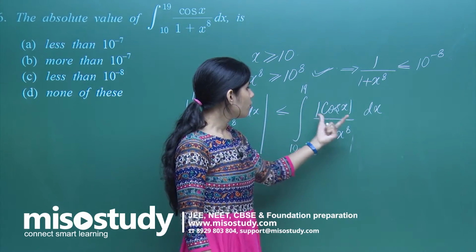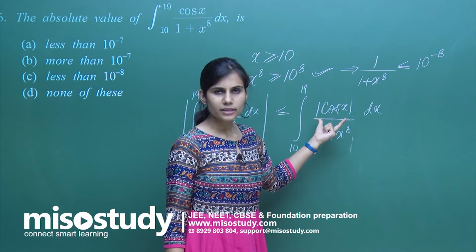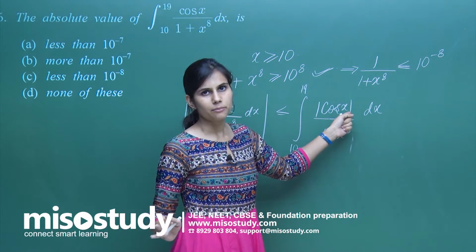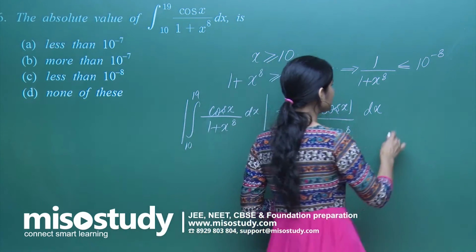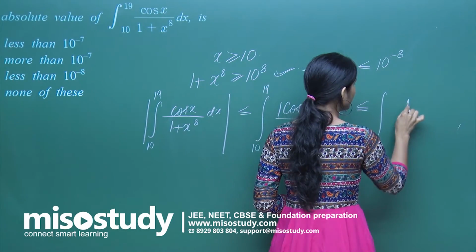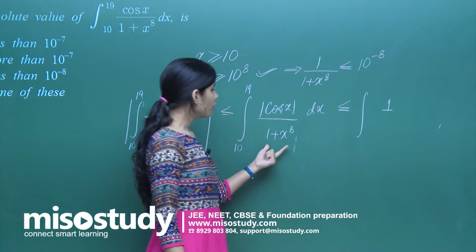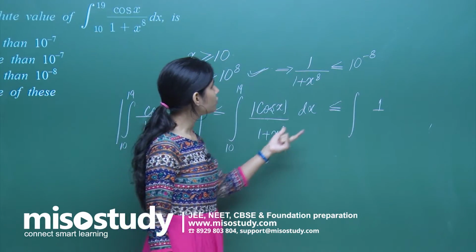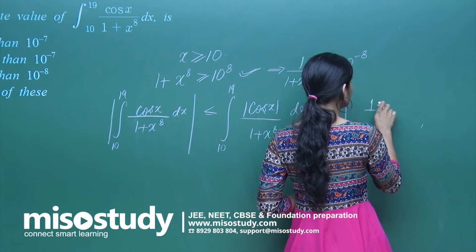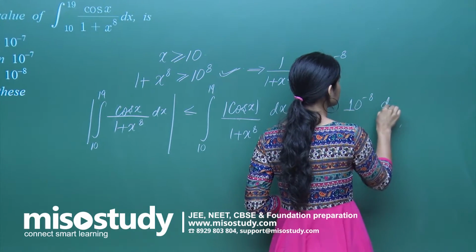So over here you know that mod of cos x is always less than or equal to 1, right? For any x coming from any real number, mod of cos x is always less than or equal to 1. So this is less than or equal to 1, and 1 upon 1 plus x to the power 8 is less than or equal to 10 to the power minus 8. So 1 into 10 to the power minus 8, which is this.